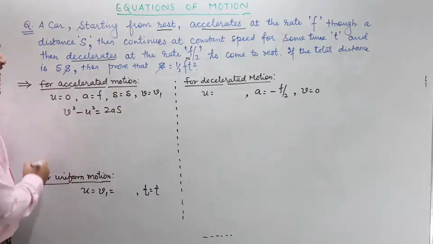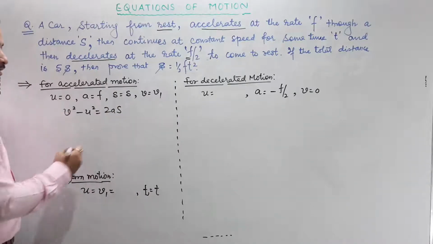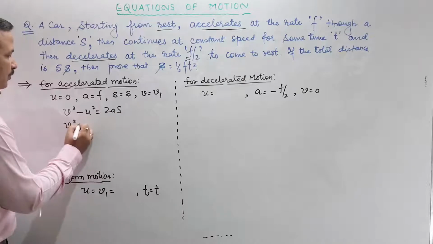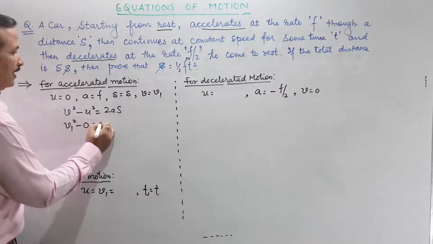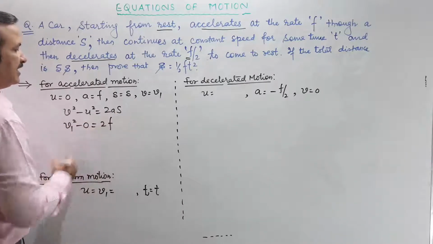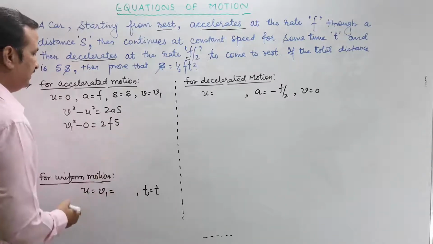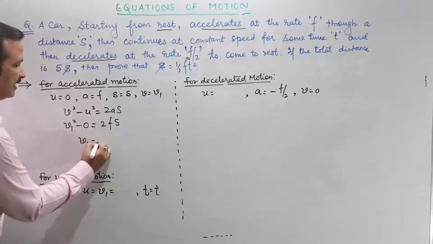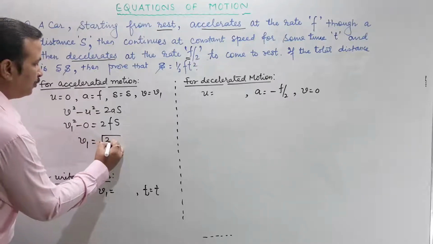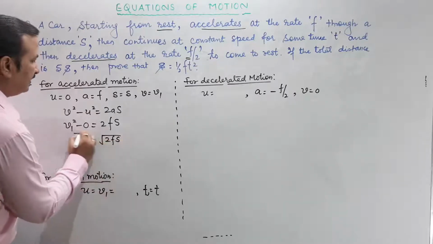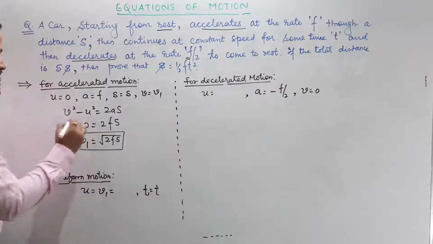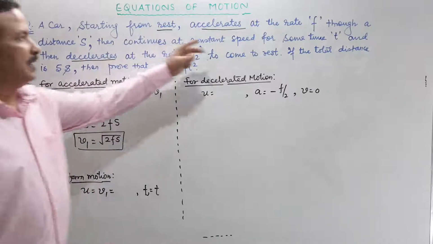So v1 square minus 0 equal to 2 f s. So the velocity is under root 2fs. This is the velocity which we are getting. The first part is over.